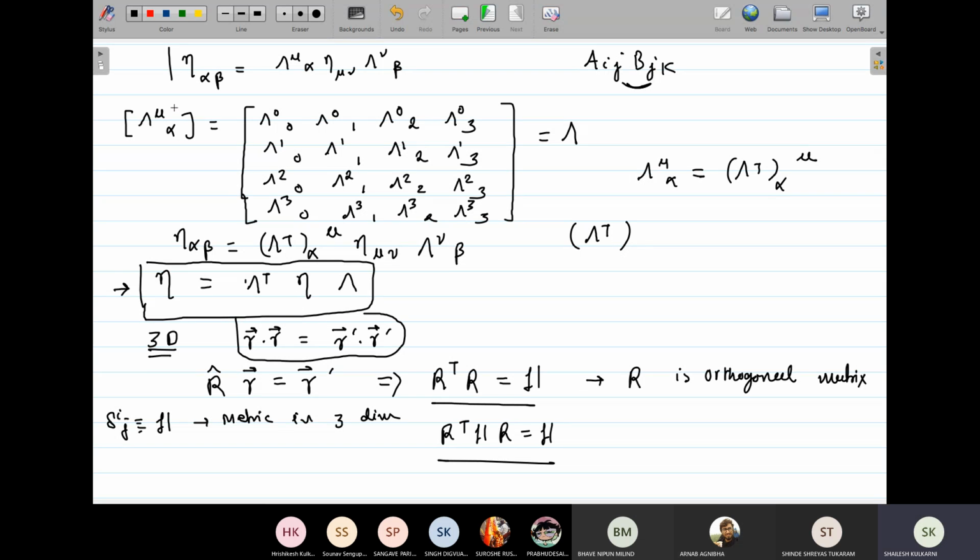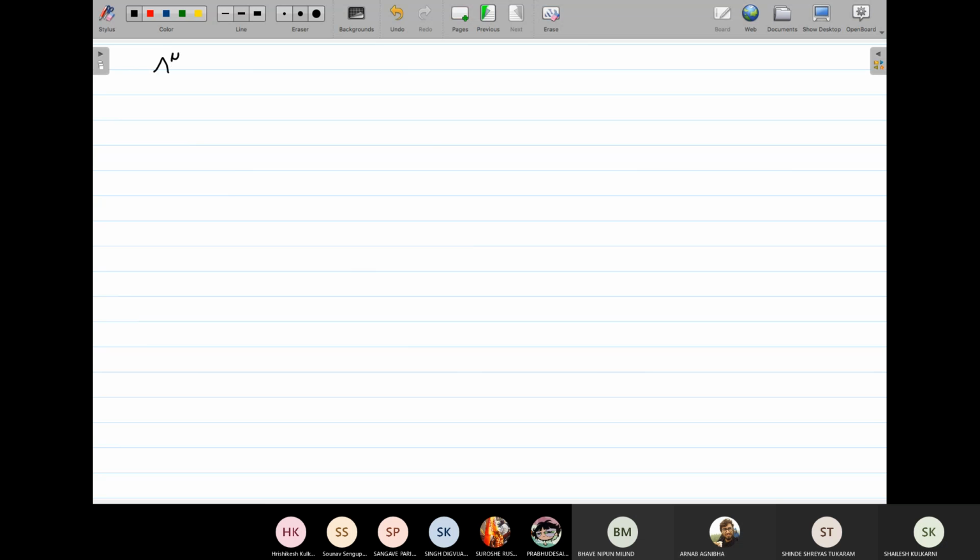Note that although I have written the indices on lambda in this fashion, lambda mu alpha, we should not think of this as a 1-1 tensor.